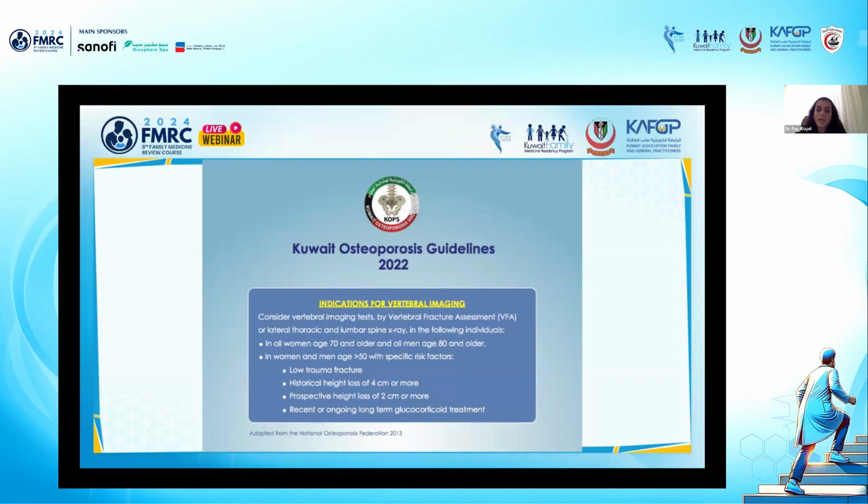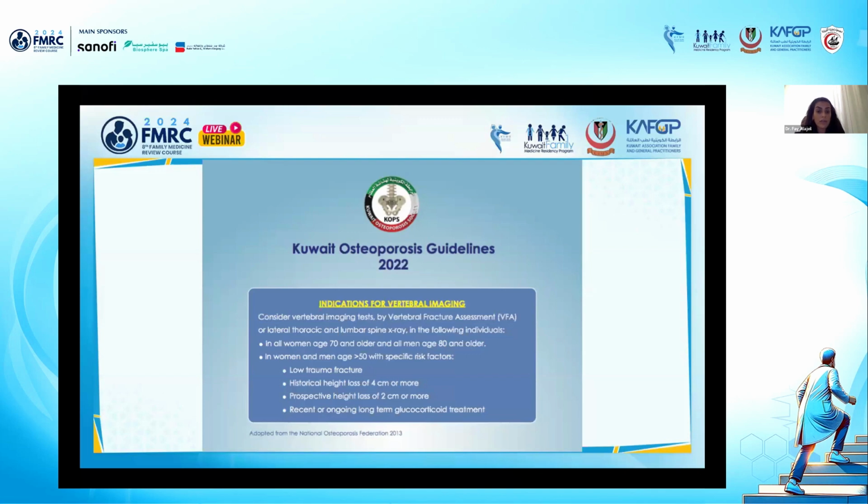Also if there is a prospective height loss of 2 centimeters or more, determined from the patient's record. You check the patient's record for the past 1 or 2 years, and you see that the patient has lost 2 centimeters of height or more. These are the patients who are indicated for vertebral fracture assessment.